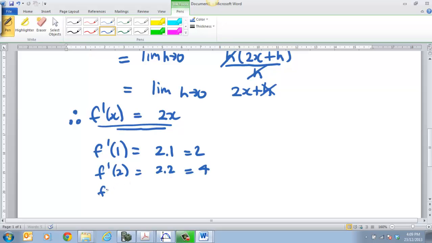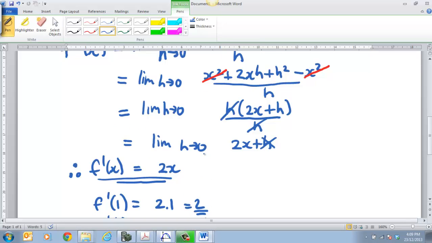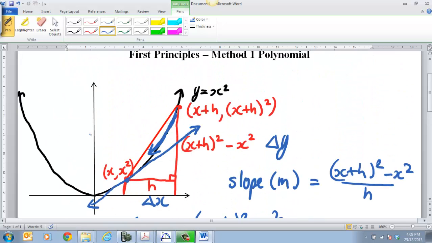And again, if I wanted to know what that was when x was equal to 5, it would be 2 times 5, which is 10. So in other words, what we can see here is the slope of the tangent's getting steeper. And we would expect that's the case when we start looking at a quadratic curve. Alright, so the bigger the value of x, the steeper the curve's going to be.